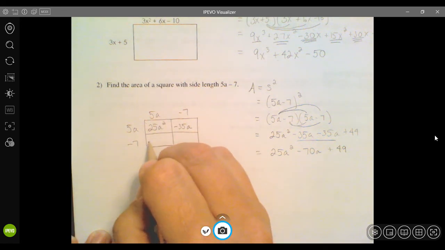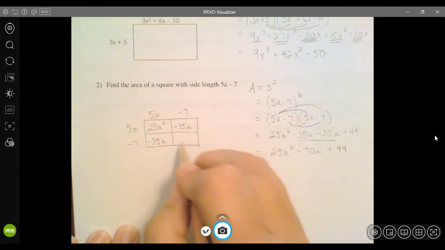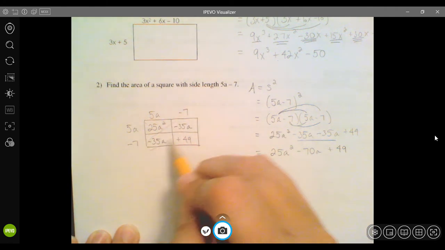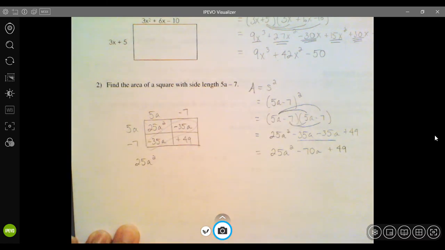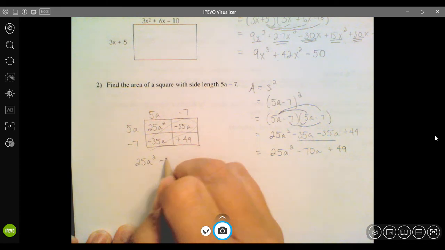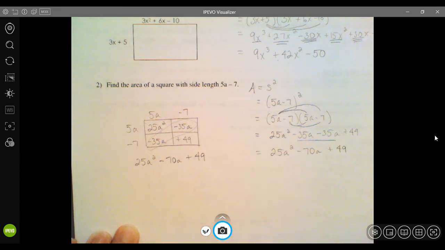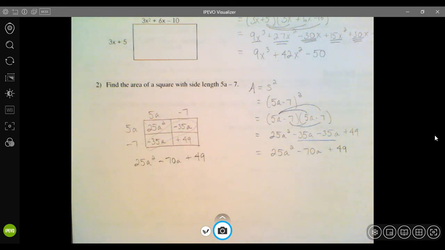Negative 7 times 5a is negative 35a. Negative 7 times negative 7 is positive 49. Here are my like terms. So we'll get 25a squared minus 70a plus 49. And oh my goodness, look at that. Same answer.